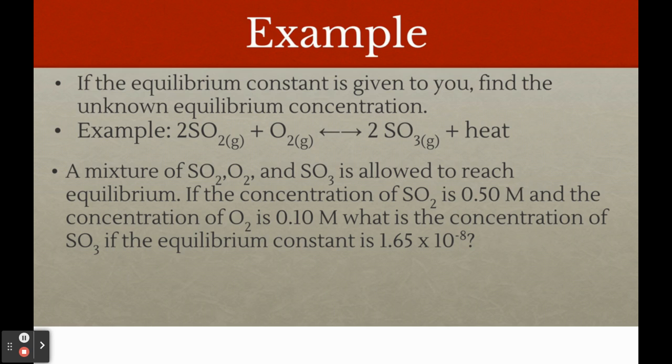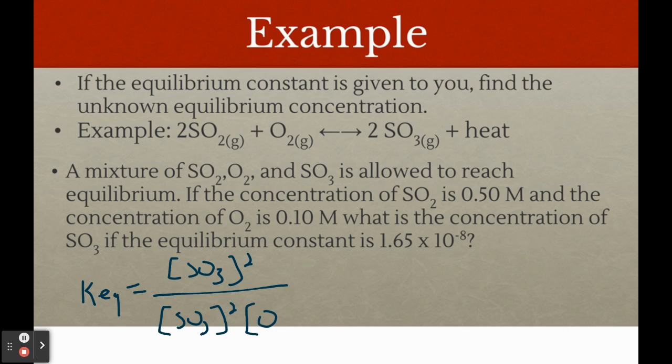So the first thing we need to do is write our equilibrium expression. KEQ is equal to the concentration of SO3 to the second power divided by the concentration of SO2 to the second power times the concentration of O2.